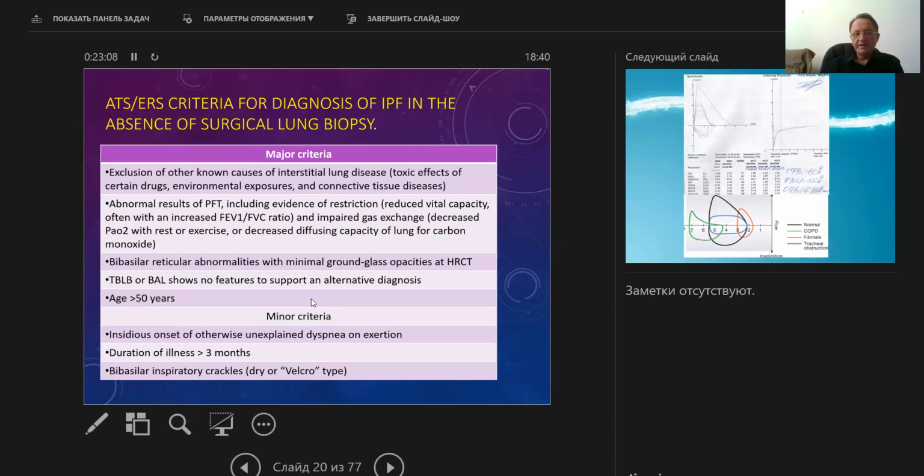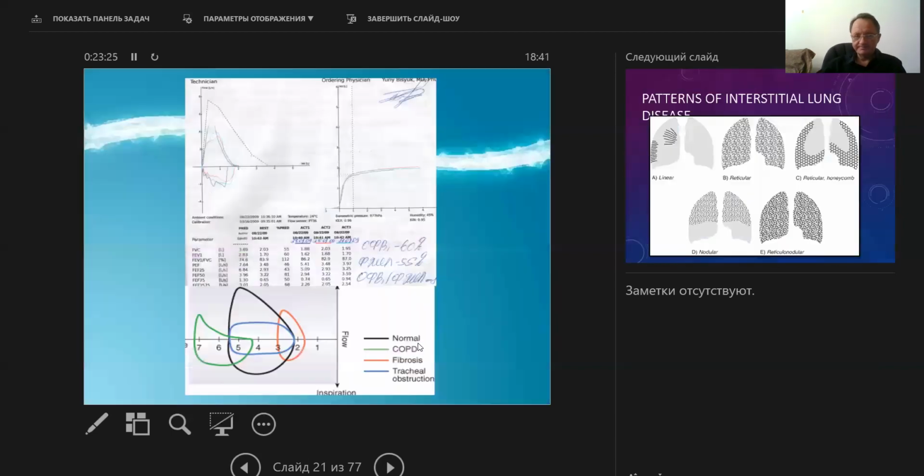Minor criteria include insidious onset of otherwise unexplained dyspnea on exertion, duration of illness more than 3 months, and bibasilar inspiratory crackles, Velcro type.